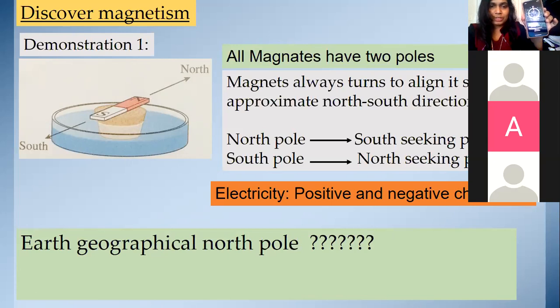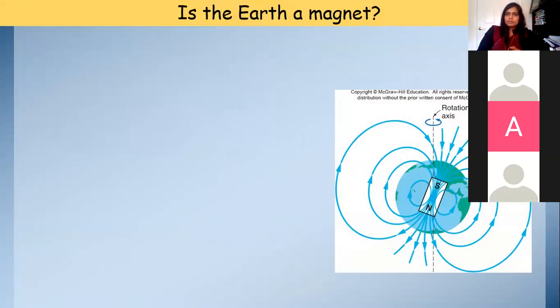So Earth's geographical North Pole, is it a magnetic North Pole or a magnetic South Pole? It should be magnetic south, right? Because the compass is a little magnet, and the magnetic north pole is seeking a south magnetic pole. So Earth's geographical North Pole is a magnetic South Pole.